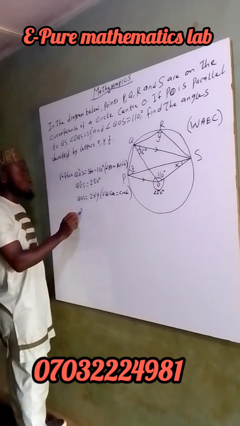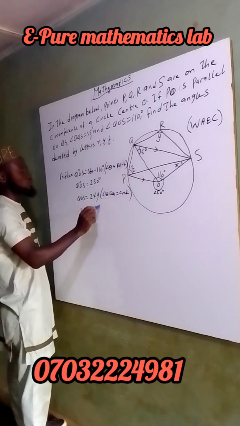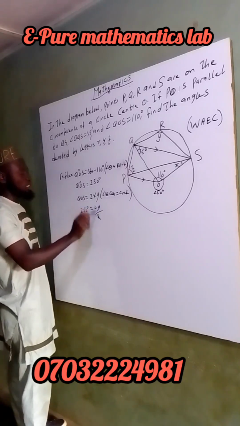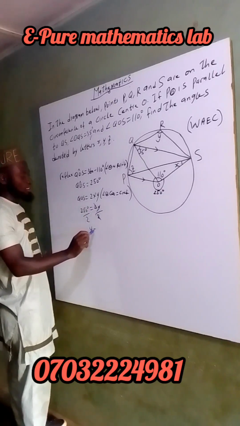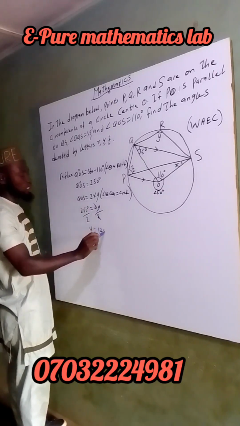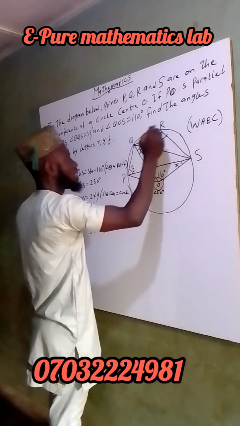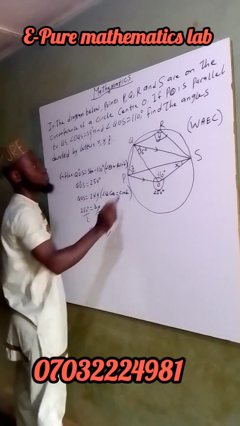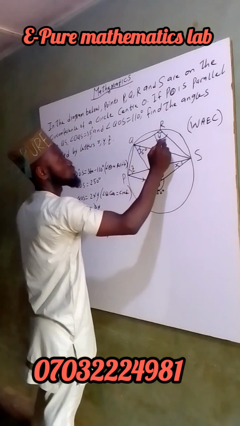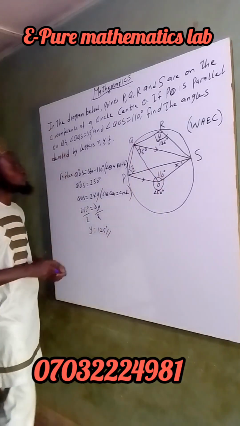Now 250 degrees equals 2y. We divide both sides by 2, then y is equal to 125 degrees. We've found the value of y.